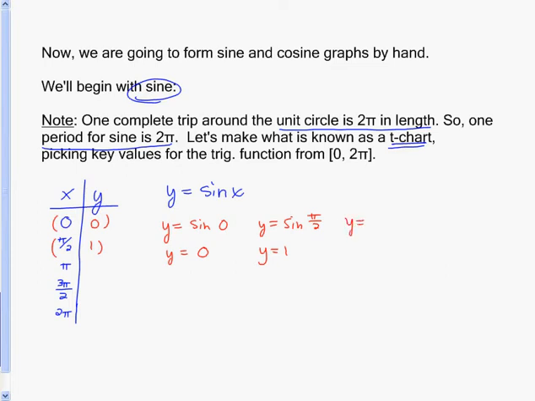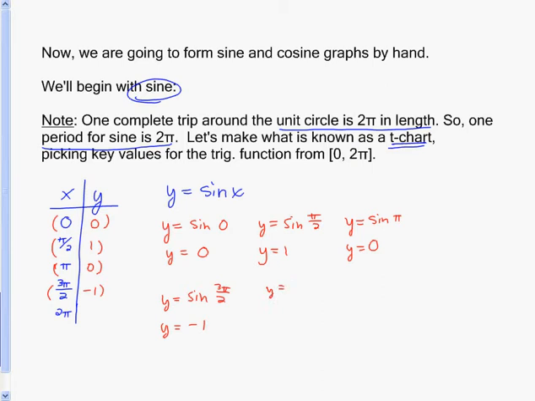Then y equals sine of pi, which is the same as sine of 180 degrees, and that would be 0. You can definitely look at that in your calculator, on a graph, or on the unit circle as we have talked about previously. Y equals sine of 3 pi over 2 is the same as y equals sine of 270 degrees, and that is negative 1.